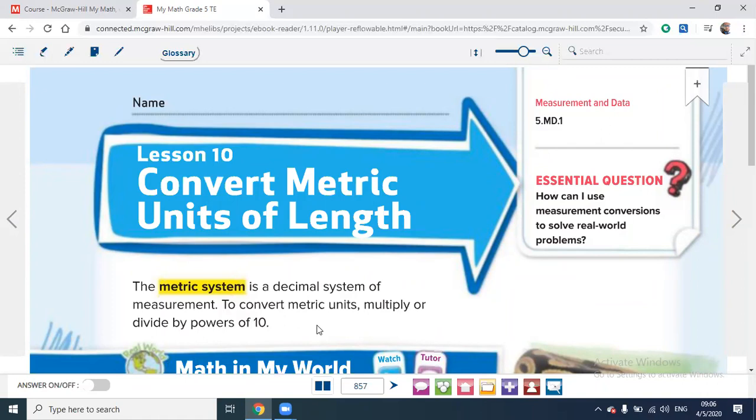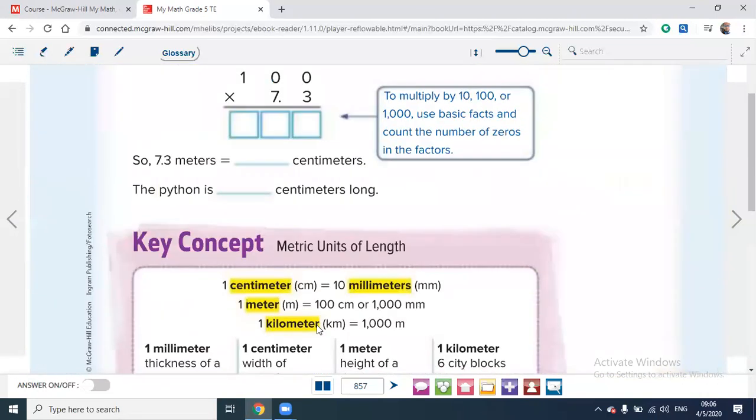And there are units to measure length. There are 4 units to measure length: millimeter, mm, centimeter, cm, meter, m, and kilometer, km.